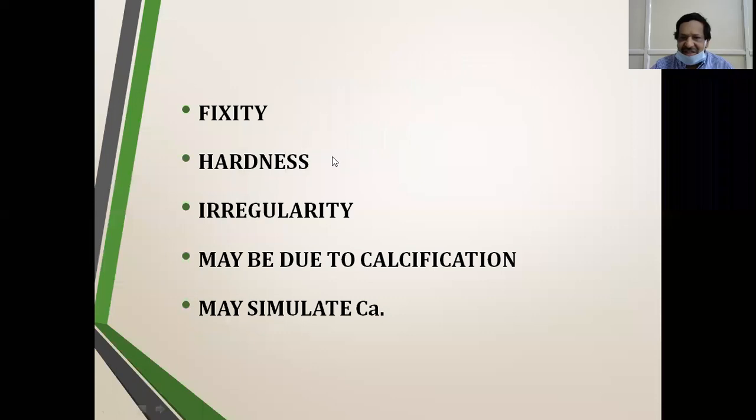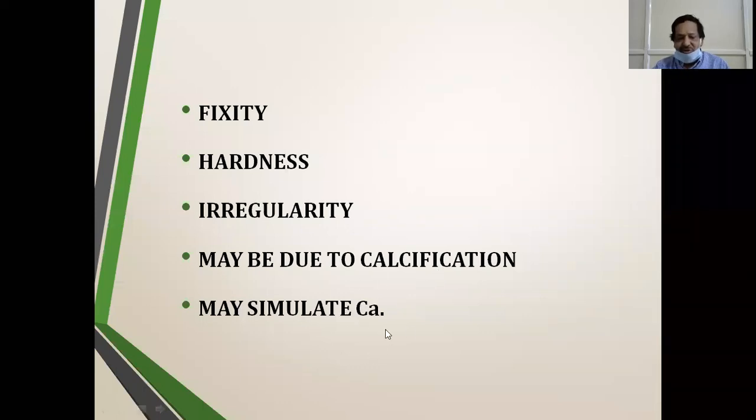Whenever you see hardness, think of carcinoma. That is general. And the harder, the more likely to be anaplastic carcinoma. Irregularity, you see, hardness may be due to calcification, but that is of secondary importance.